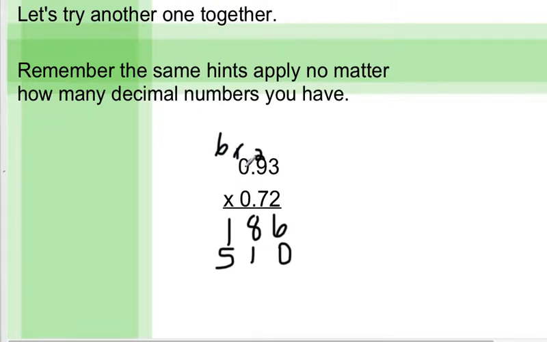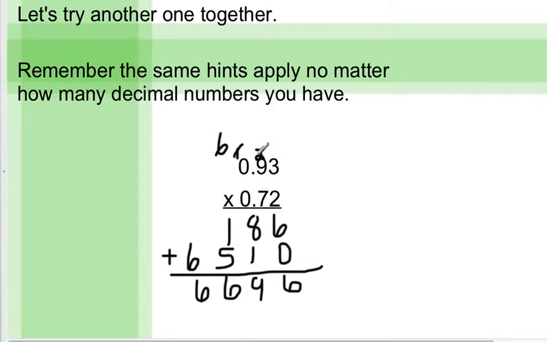0 times 0 is 0, plus 6 is 6. So I've done all the multiplying. I don't have to multiply everything by 0 because it's just going to be zeros. I add it up, and so we have 6, 9, 6, 6, and then I look, how many numbers are after a decimal?